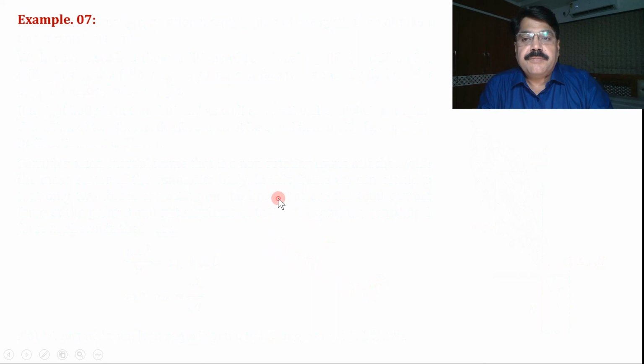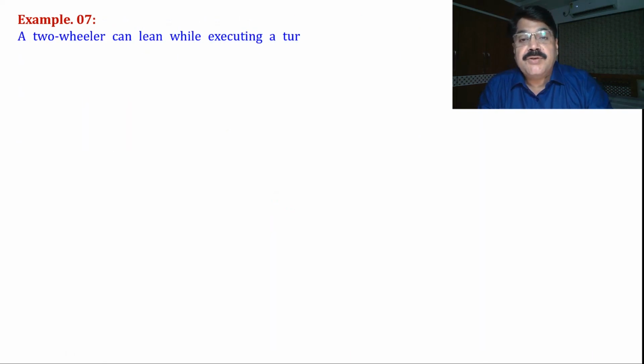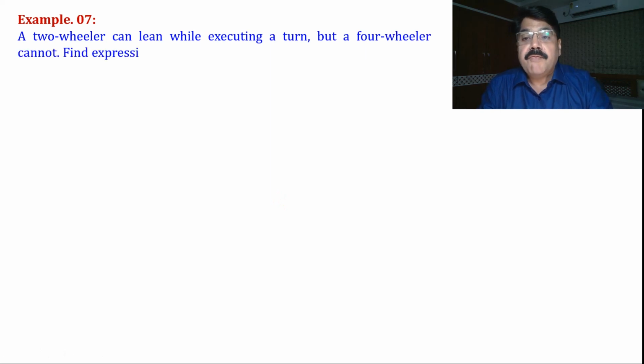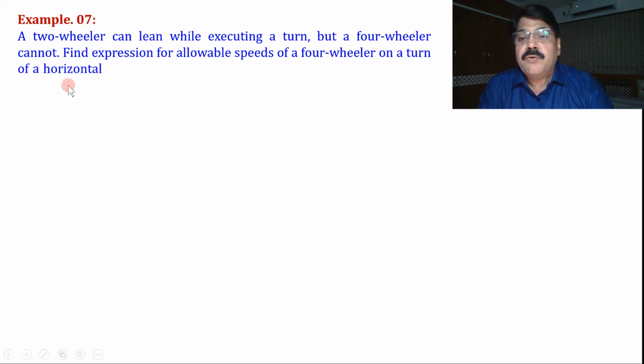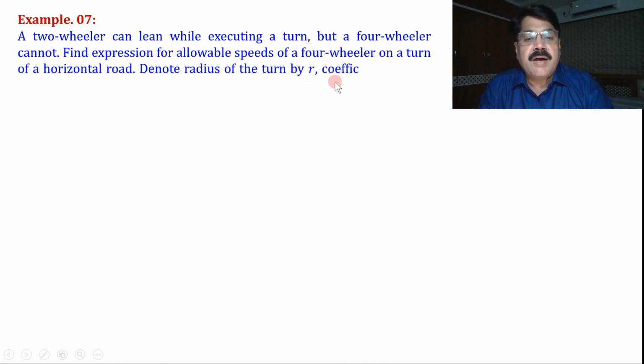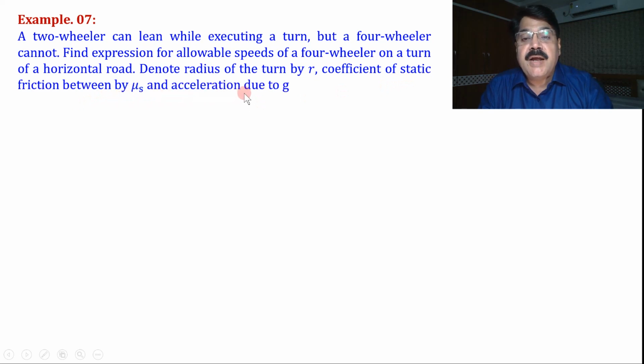Example 7. A two-wheeler can lean while executing a turn, but a four-wheeler cannot. Find the expression for the allowable speed of a four-wheeler on a turn of a horizontal road. Denote the radius of the turn by r, the coefficient of static friction between the tires and the road by mu s, and the acceleration due to gravity by g.